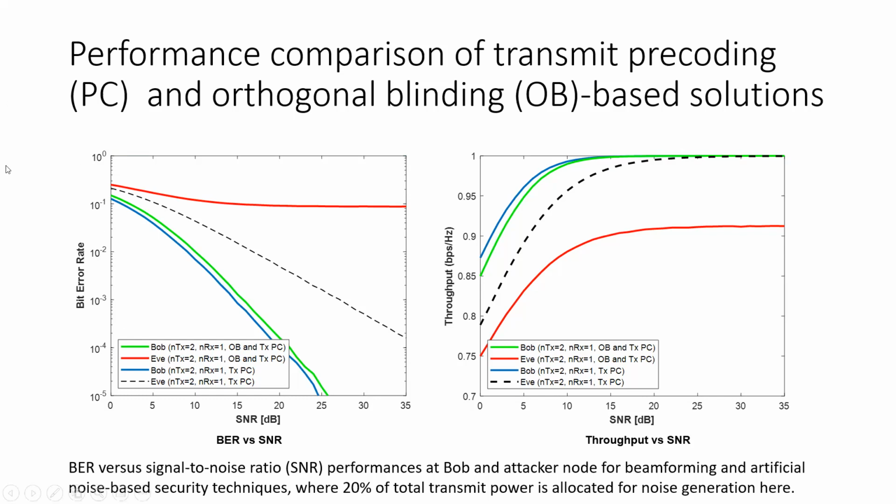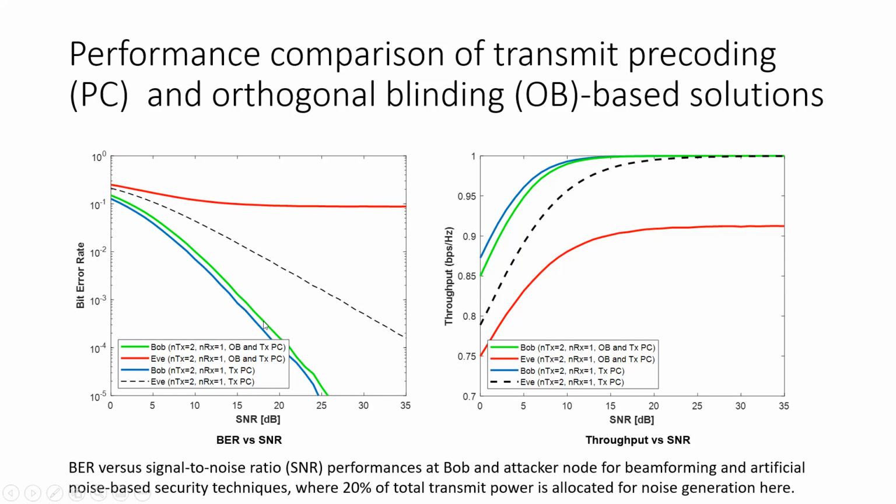Here, as you can clearly see from the blue curve, it is for the transmitter precoder, where I am designing a precoder based on the channel of the legitimate node. There is a gap between this black curve and blue curve when I use the transmitter precoder.